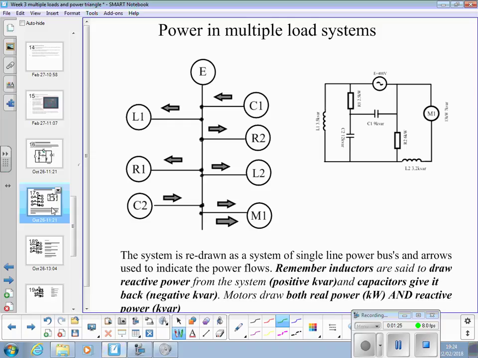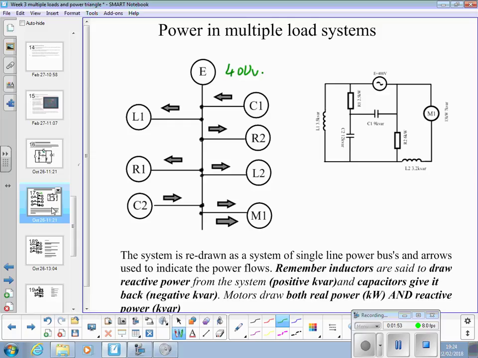Now what we do is redraw the system so it's got the supply up here. That's our 400 volts. C1 is a capacitor. Capacitors give Q back to the supply, so the arrow's pointing in.